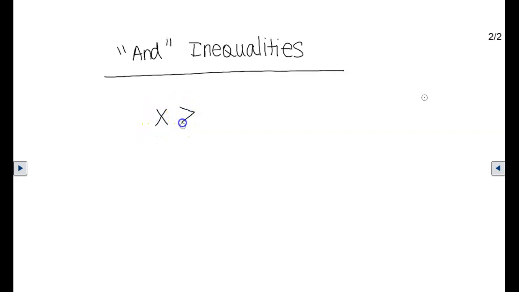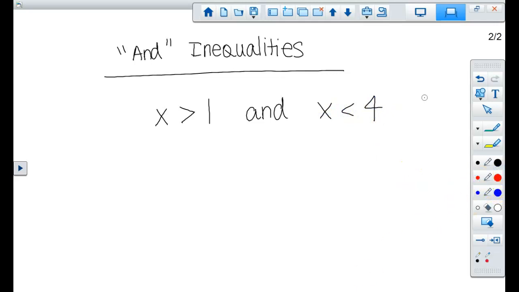I could say x is greater than 1, and x is less than 4. So when I look at this AND inequality, and I'm trying to figure out what x needs to be, I need to keep in mind that this thing spells out two things that have to be true for that x.